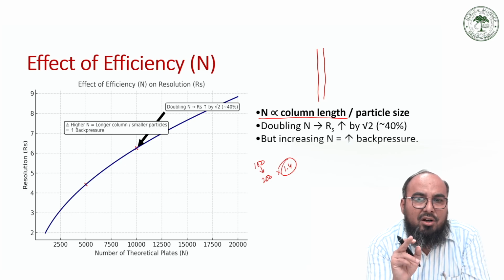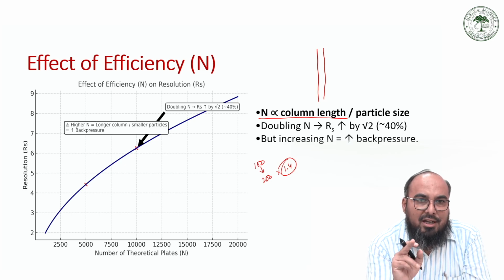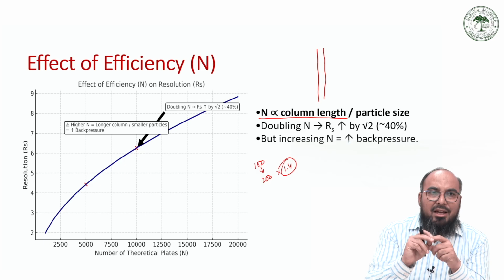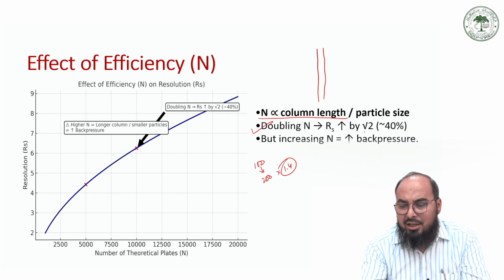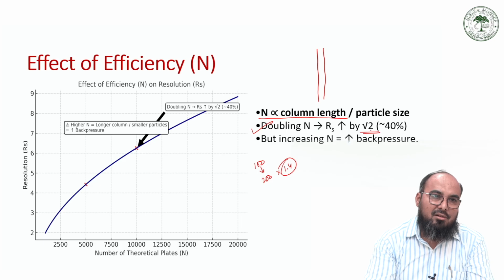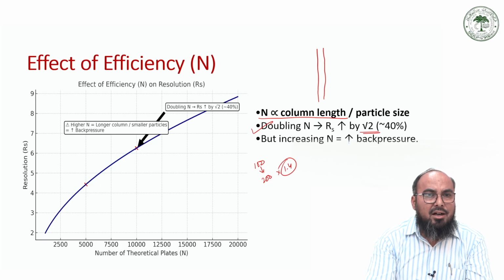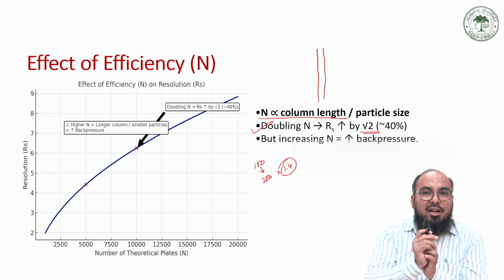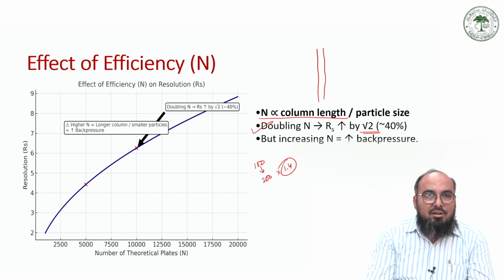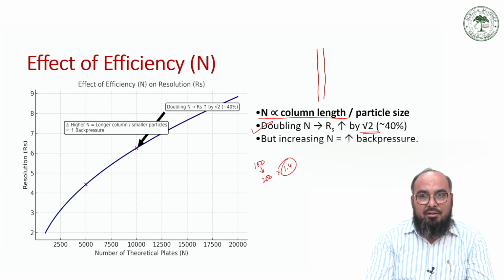The efficiency is not playing too much role in optimization. The main player is the alpha, because if you double n, it will increase resolution only 40%. But in the earlier case, when you increase alpha just by a difference of 0.5%, it is going to get doubled. So alpha is the deciding factor.